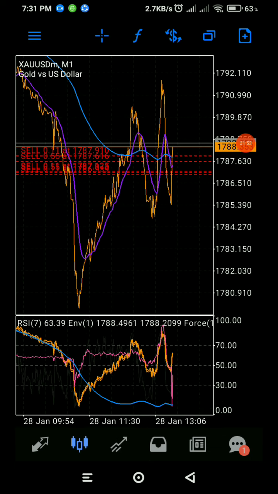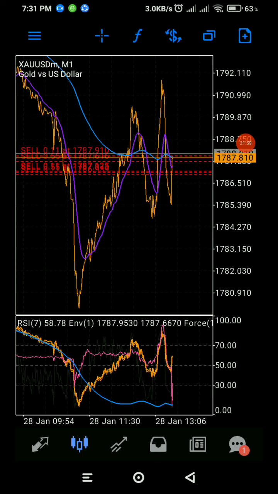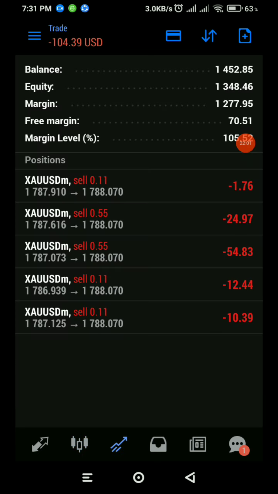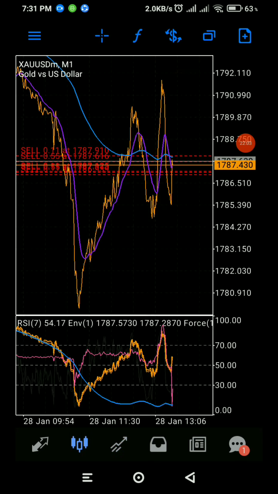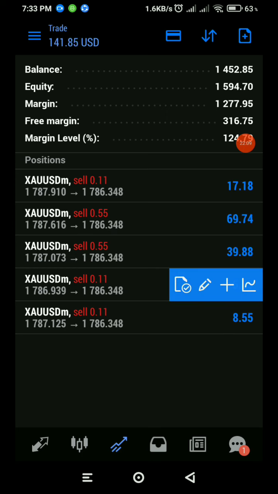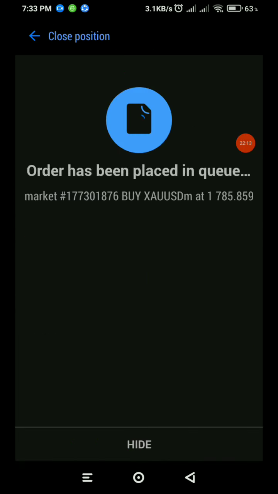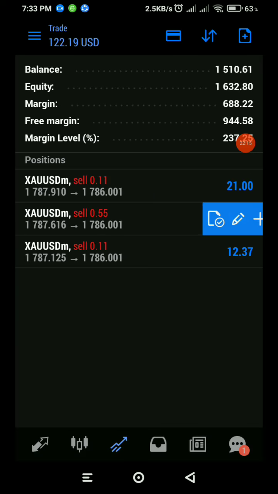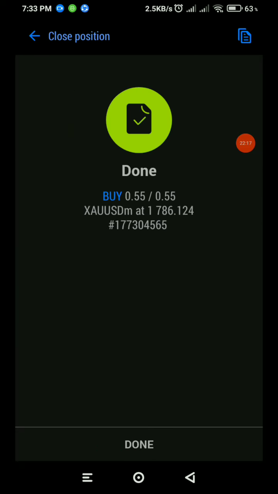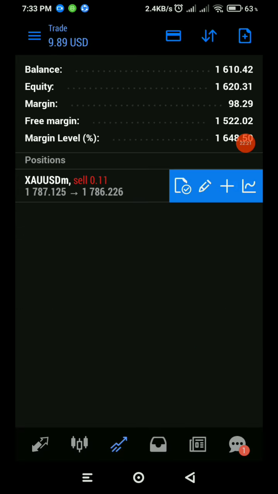So as long as price goes upward, we keep adding entries, adding positions. If my broker allows me, I will add more entries. So price is now coming down after taking sell. So again, I'm booking the profit, and we've already gone from $800 to $1,600.